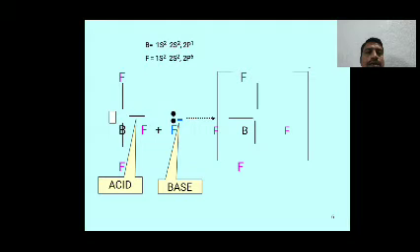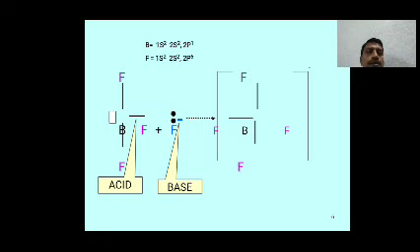Boron trifluoride and fluoride ion F minus. Boron trifluoride has one empty orbital on its central boron atom. Fluoride ion contains a lone pair of electrons. Boron trifluoride acts as a Lewis acid and fluoride ion acts as a Lewis base. This pair of electrons transfers from fluoride ion to boron trifluoride to form a new bond.